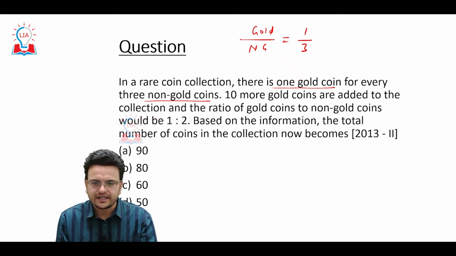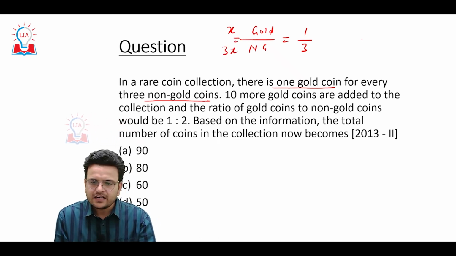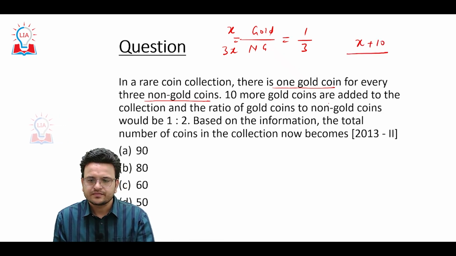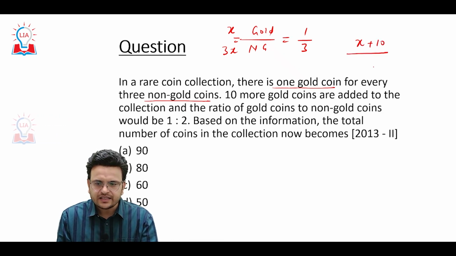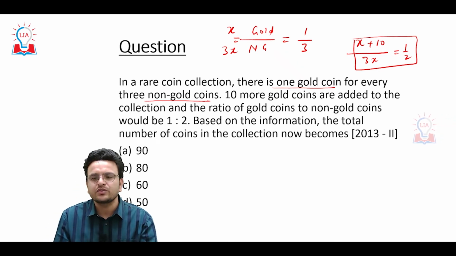Gold coin will be X, non-gold coin will be 3X. 10 more gold coins were added to the collection, and the ratio became 1:2. If you are able to solve this particular equation, you are going to get an answer.